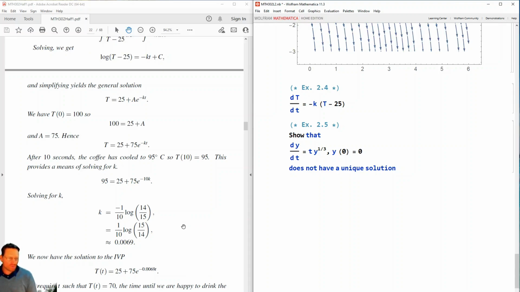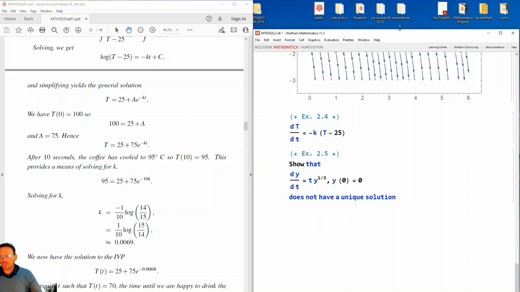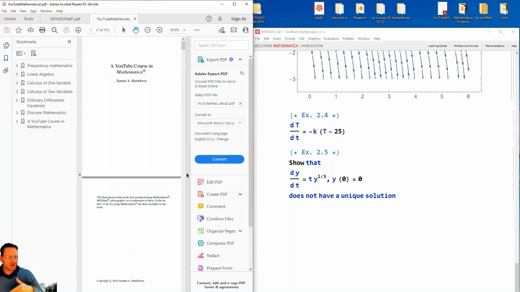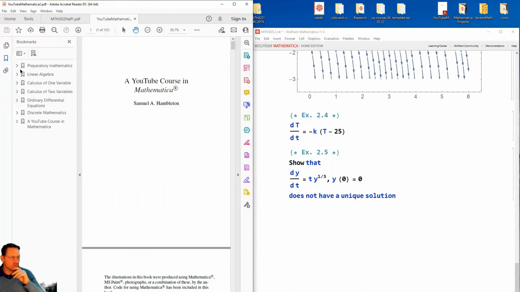Now a log rule says that we can invert that fraction by taking the minus 1 in, and it becomes an exponent of the 14 over 15. If you need to review your log rules, go ahead and review them. In fact, I keep a lookup book here in case I forget my log rules. I'll go ahead and find those for you.